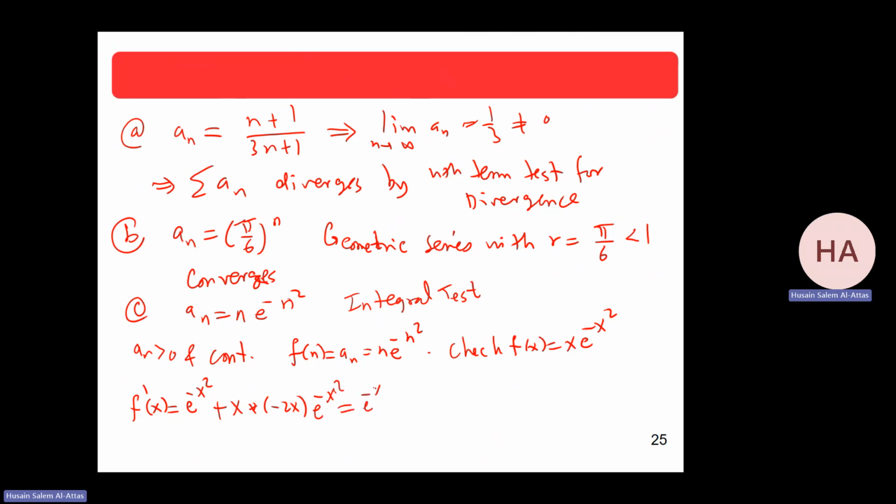So I can take e to the minus x squared as common factor, times (1 minus 2x squared), which is negative for x greater than or equal to 1. This is always positive, this is negative, so it means f is decreasing. So now everything is ready for the integral test.